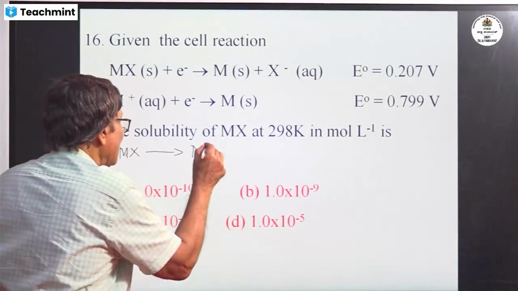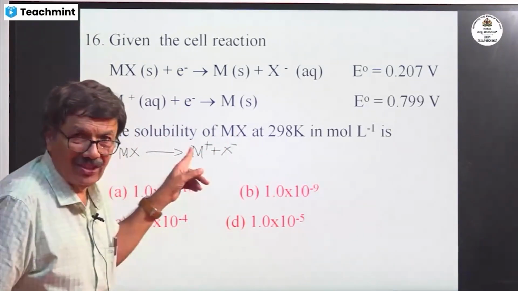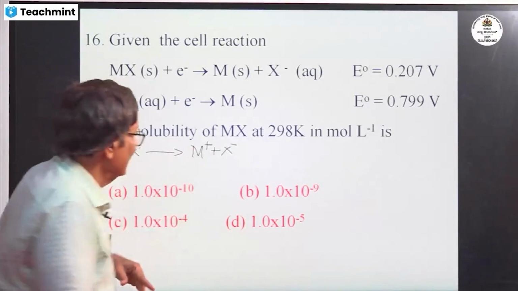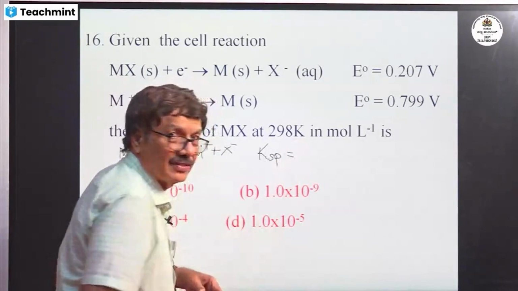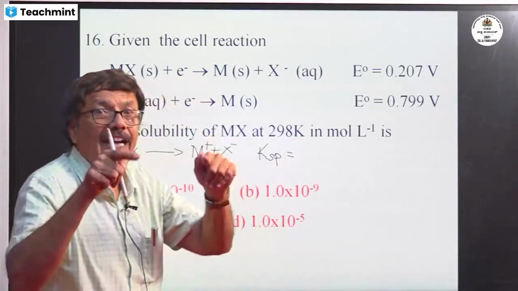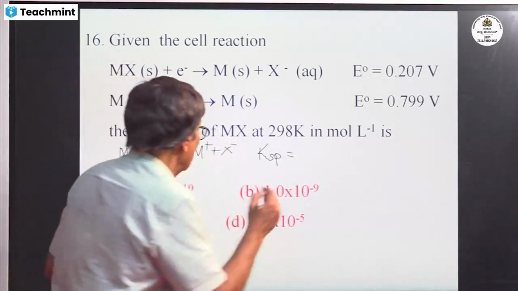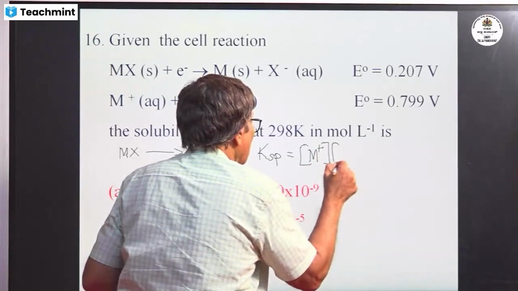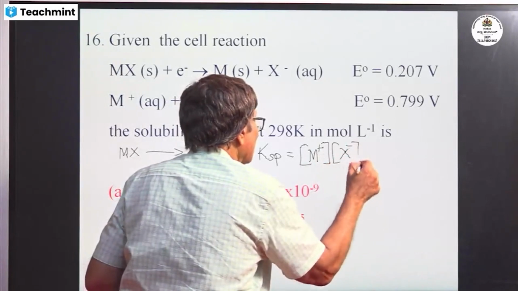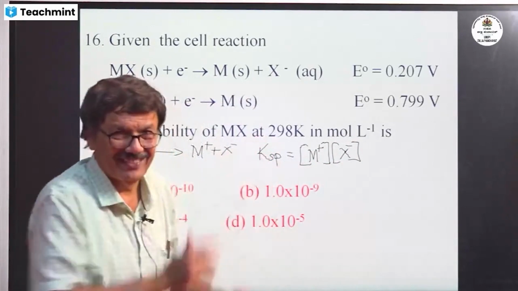M plus, X minus. It ionizes like this. Then Ksp, the solubility product, is the product of the molar concentration of the ions, that is M plus into X minus. This is the expression for solubility product.